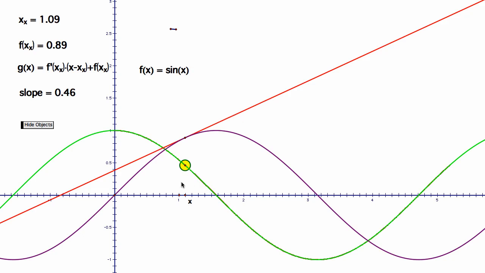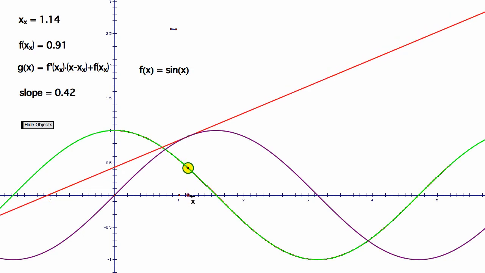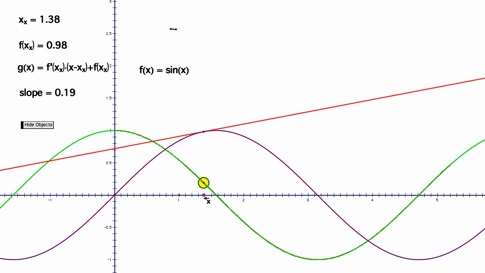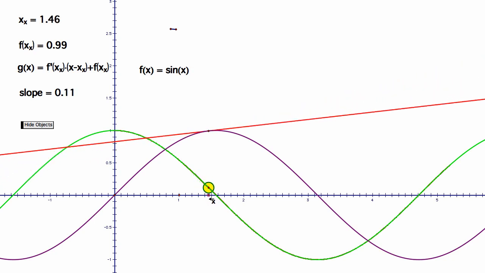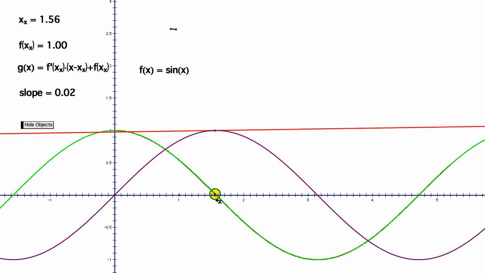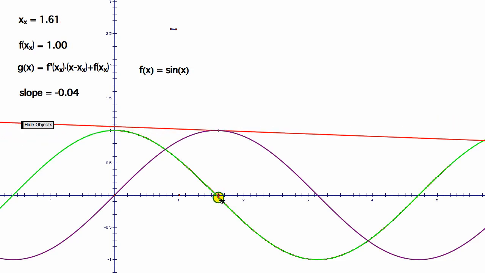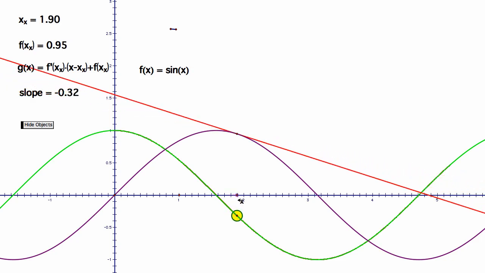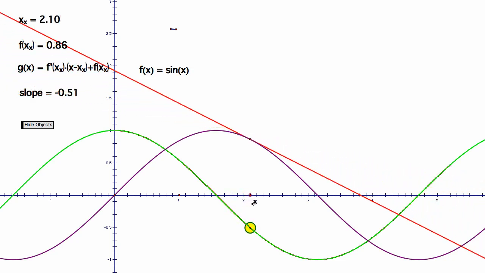So try to make the connection. I really think this is an important part of understanding what a derivative is. As this point gets close to pi over 2, notice what the slope of the red line is getting close to. It's getting close to 0, which is exactly where the yellow ball is heading. As soon as we get to the right of pi over 2, the slope of my line becomes negative, as well as my ball.